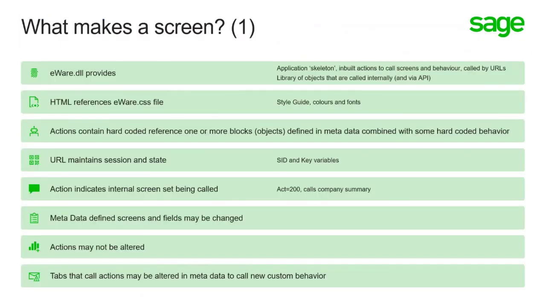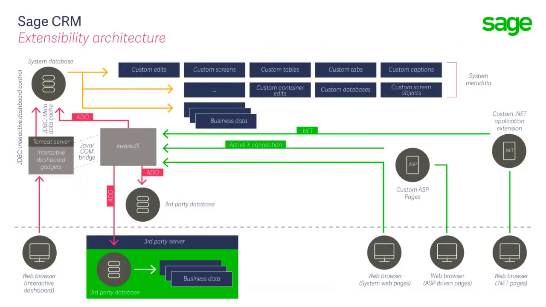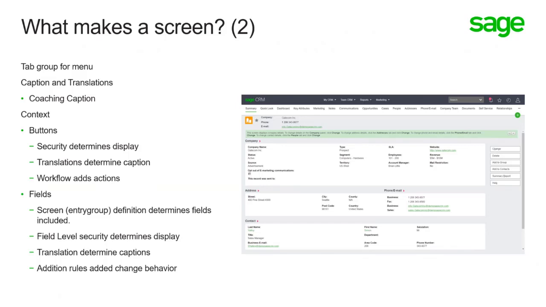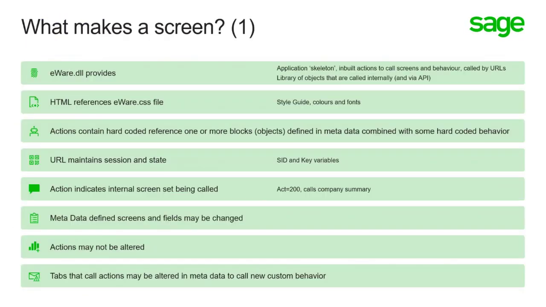And if we think about a Sage CRM screen, I'm going to jump ahead for just a moment. You see this screen here. This is a company screen. Imagine the company screen that you've seen for Sage CRM. That screen that you see is called from the eWare DLL. So the eWare DLL is providing the base application skeleton.